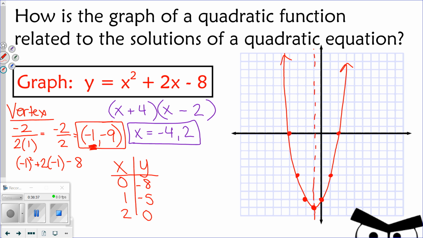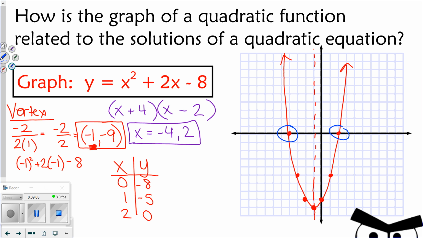Where does it cross the x-axis? -4 and 2. Where a graph crosses the x-axis are the solutions to the graph. You're solving for x. So where does it cross the x-axis? Those are your answers for x.